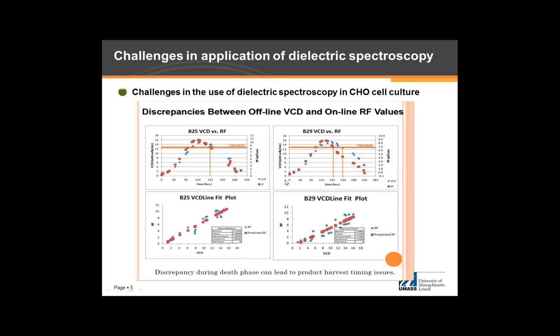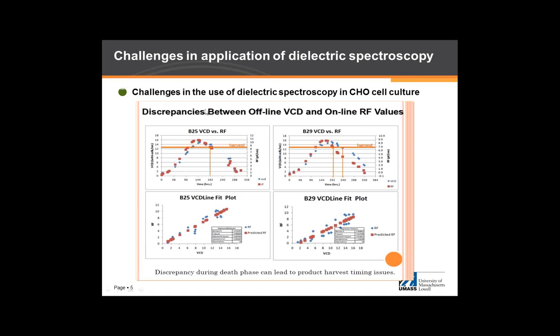However, as you see in the upper right corner, B29, this red line, is the real-time estimation based on dielectric spectroscopy, and the blue diamonds are the offline viable cell density measurements.